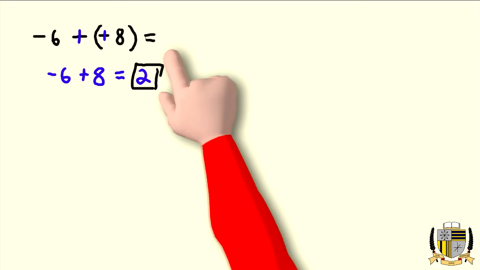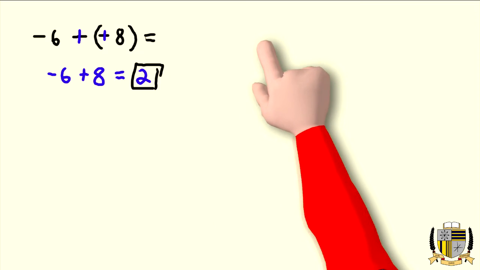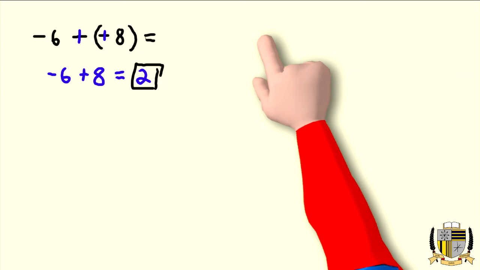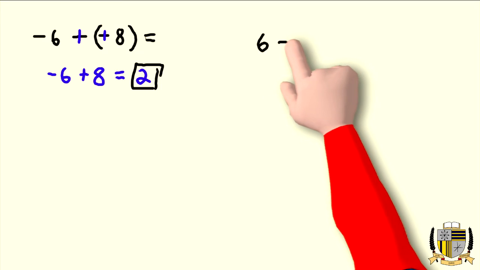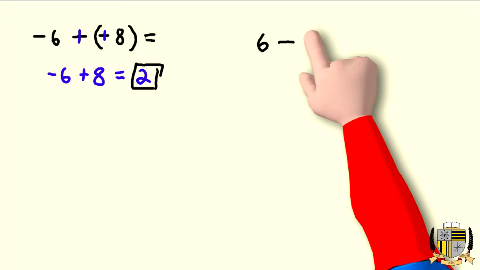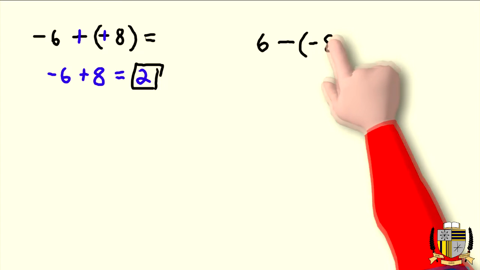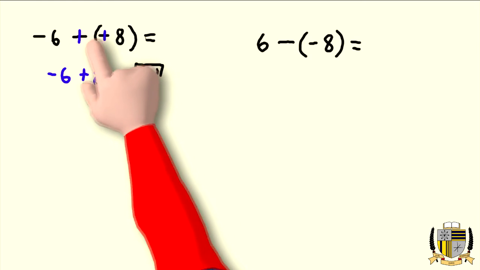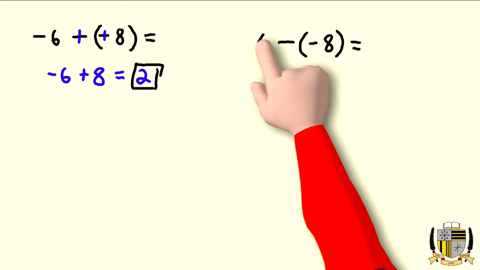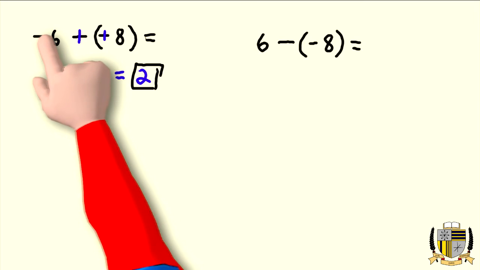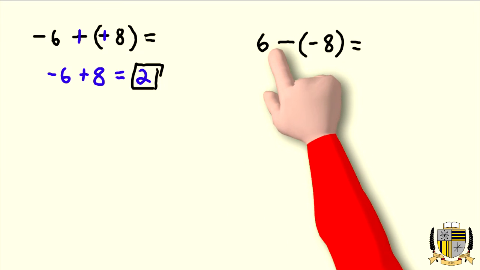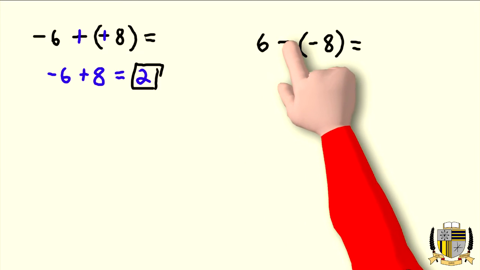We use the same numbers and switch around the signs a little bit, just to really drive home this point. Here's a 6 minus a negative 8. So it's the same numbers as over here, but this time it's a positive 6 instead of a negative 6. Now we have a positive 6 minus a negative 8.